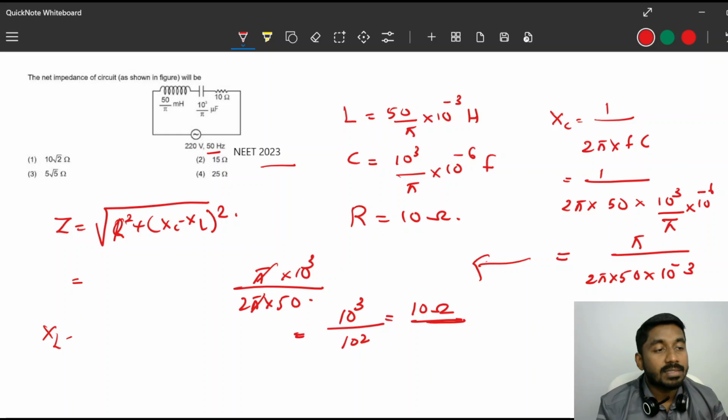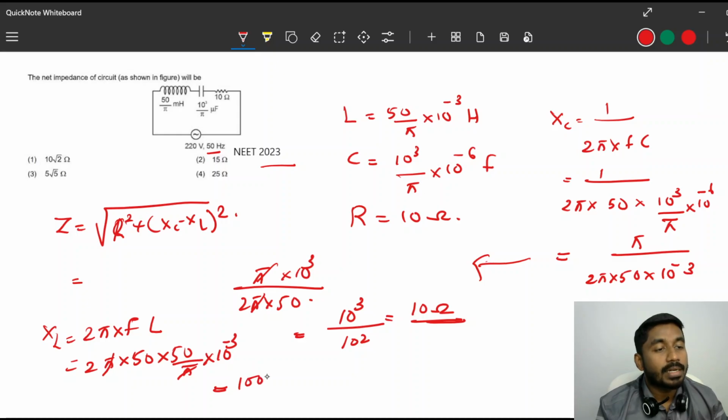Let's find the XL. What is the equation? 2 pi f L. So just substitute 2 pi into f, which is 50, into L. What is L given? 50 by pi into 10 raised to minus 3. Substitute it, just cancel the pi. 2 into 5 is 100, into 50.